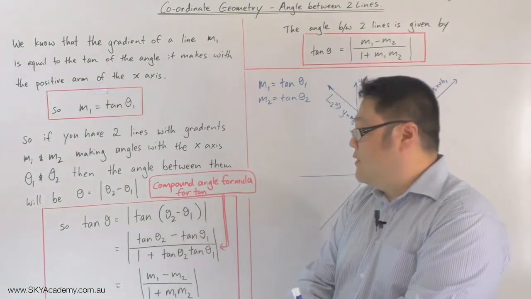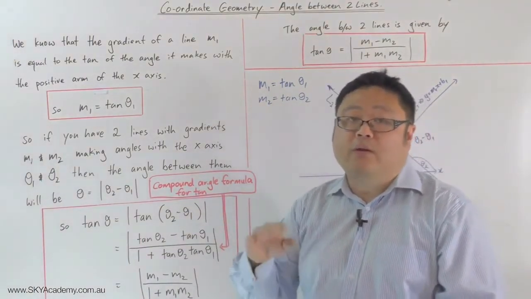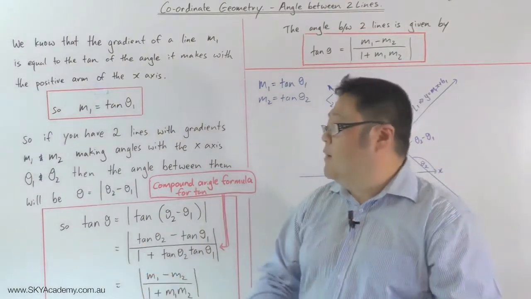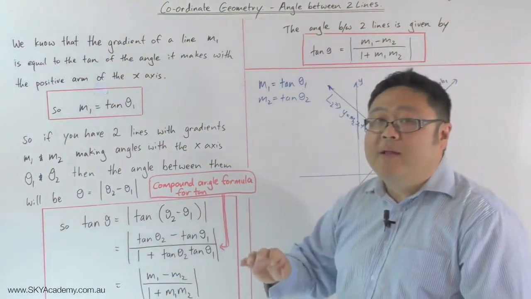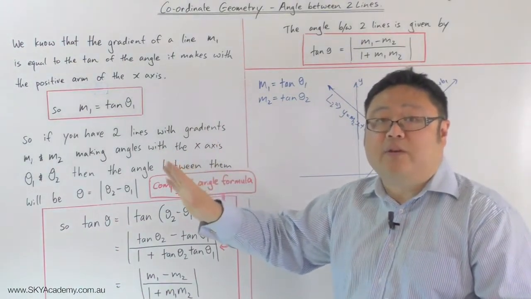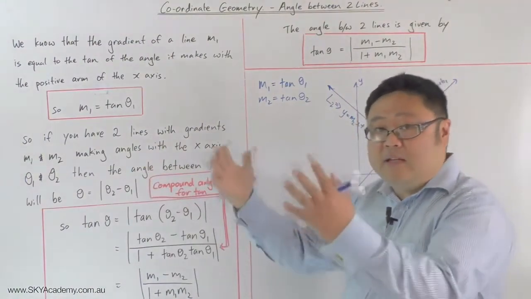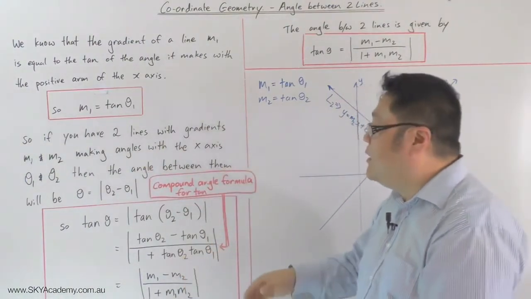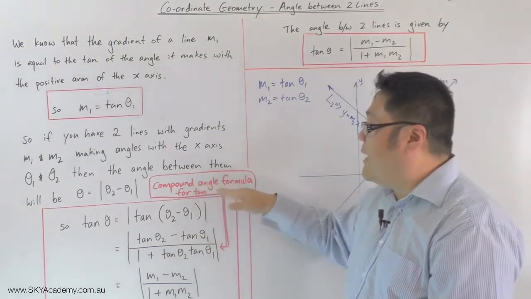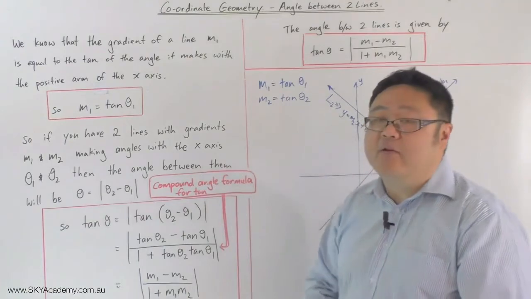Now you haven't learnt this yet, and you probably won't learn this till much later, but later on in the course when we do further trigonometry in the extension 1 curriculum, you will learn a formula called the compound angle formula for tan.